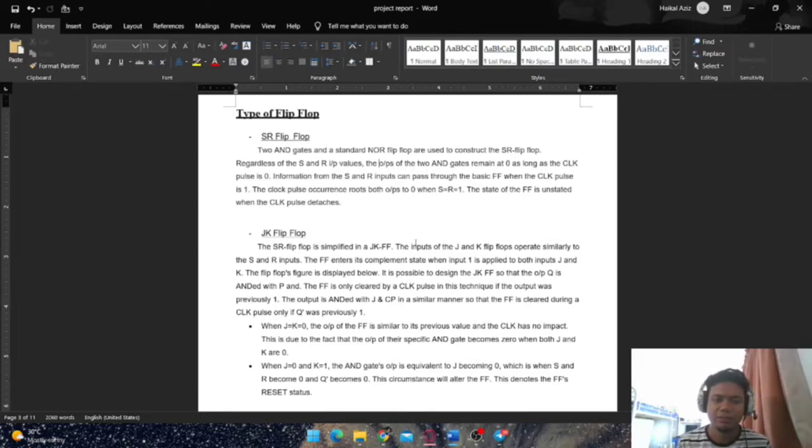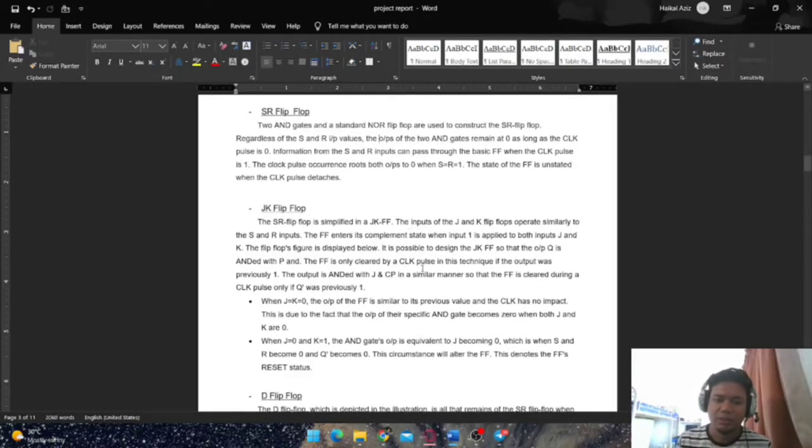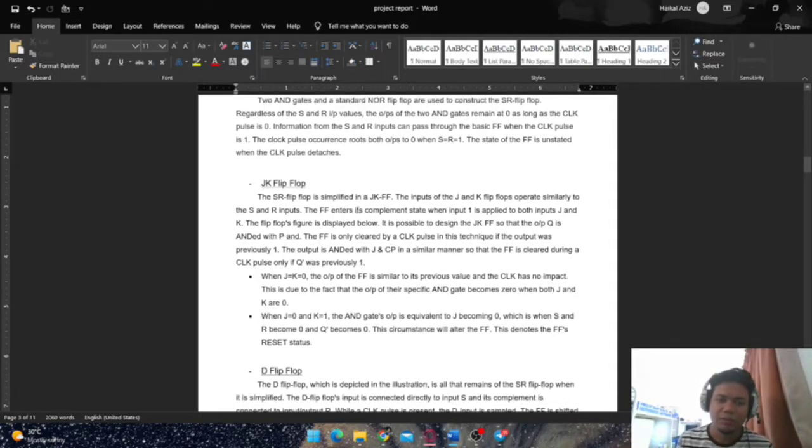The SR flip-flop is simplified in a JK flip-flop. The inputs J and K operate similarly to the S and R inputs. The flip-flop enters its complement state when input 1 is applied to both inputs J and K.